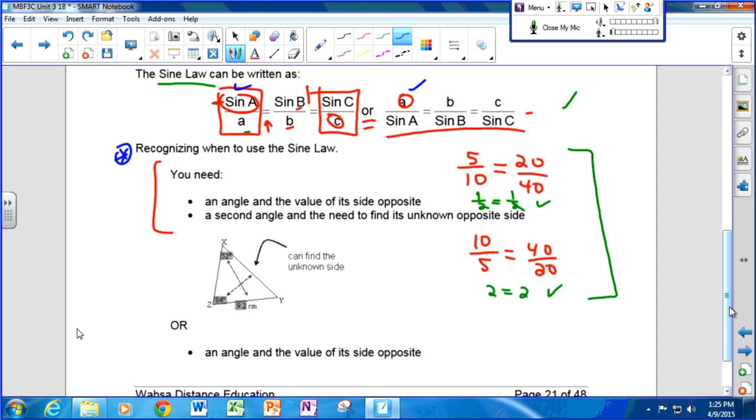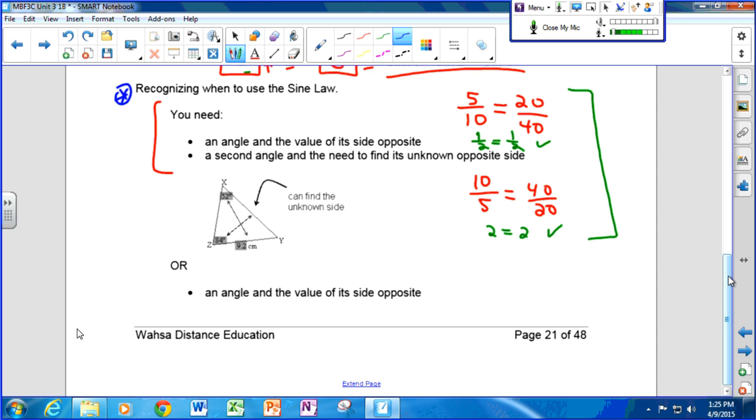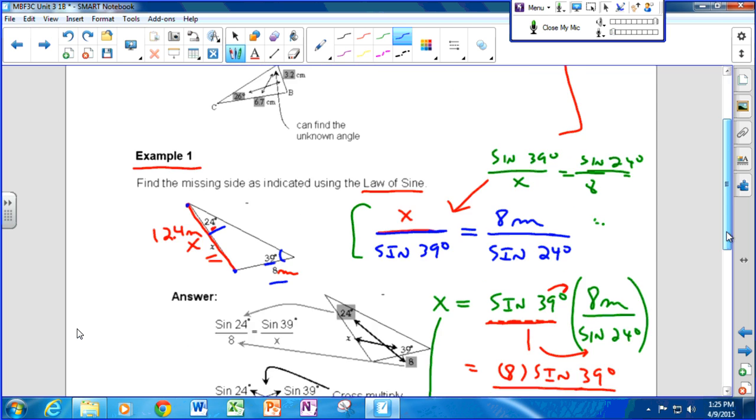You don't have to explain to me that you tried the sine law and it didn't work. You don't have to erase it or anything, because this is the way we do math, right? We try things, and sometimes we have to back away a little bit, or maybe the sine law would work, but you need to calculate something first. It's usually pretty clear from the question when I'm marking it.